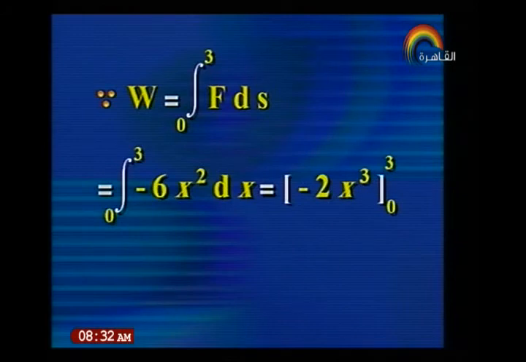By using substitution when x equals 3 and when x equals 0, then subtract, the work done is negative 54 joule.